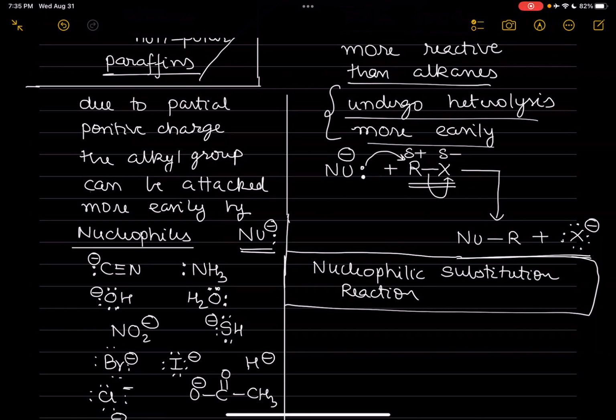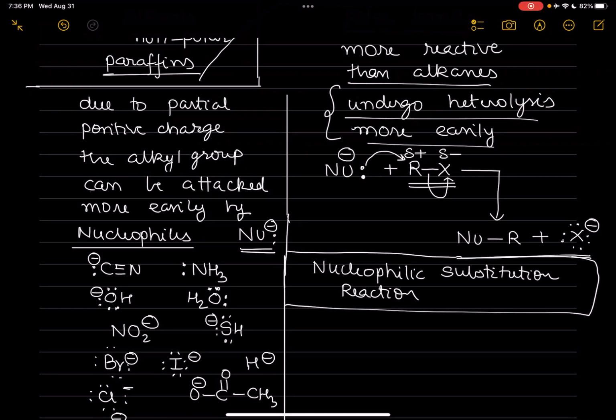And what's the advantage? These substitution reactions on alkyl halides will let us prepare many new compounds. You can take an alkyl halide, and because the halide can undergo substitution very easily, you can prepare a lot of other compounds by displacing the halogen with the nucleophilic group of your desire which you want to connect.